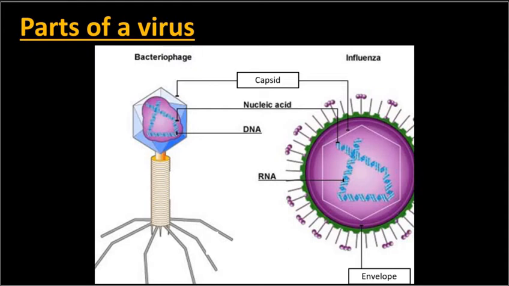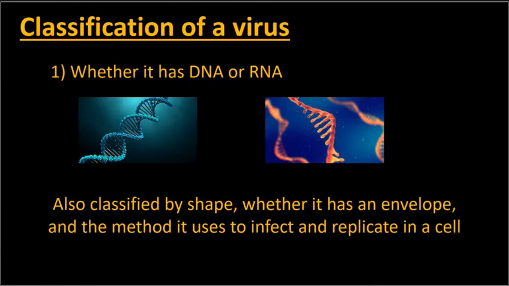However, when classifying viruses, the first division is whether it has DNA or RNA, because remember, it can only have one or the other. It cannot have both. And a lot of that will relate to how it functions, how it goes into a cell, how it uses the cell, and what it does to a cell. Okay, now there are so many viruses, it's crazy.